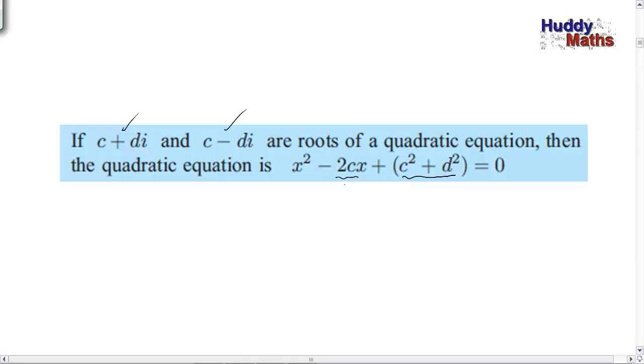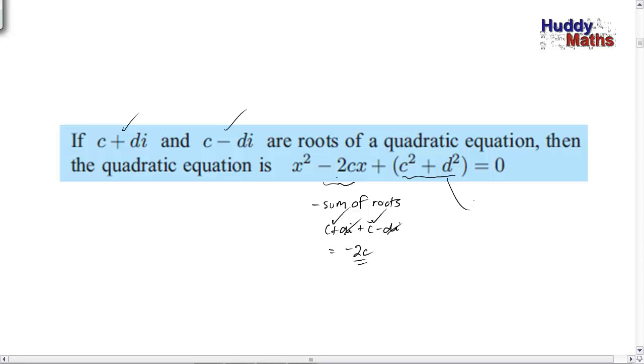Because just remember, the coefficient of x, this negative 2c, is real because it's minus the sum of the roots of the equation. We did this before, and the sum of the roots is c plus di plus c take di, and c plus c is 2c and the di's cancel out. So minus the sum of the roots is negative 2c, or minus 2c.